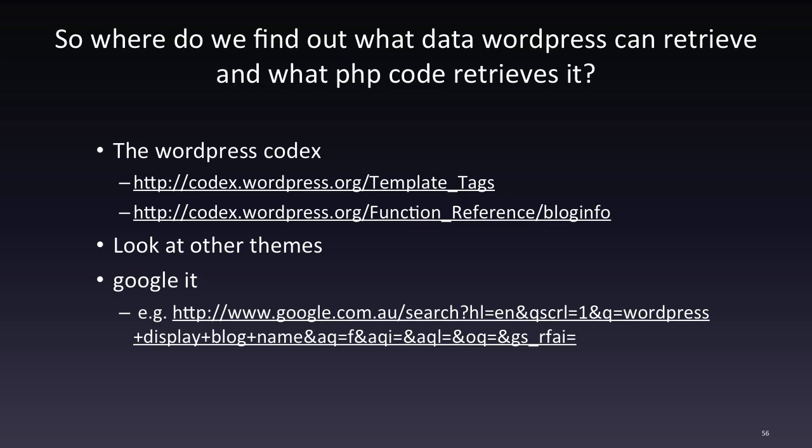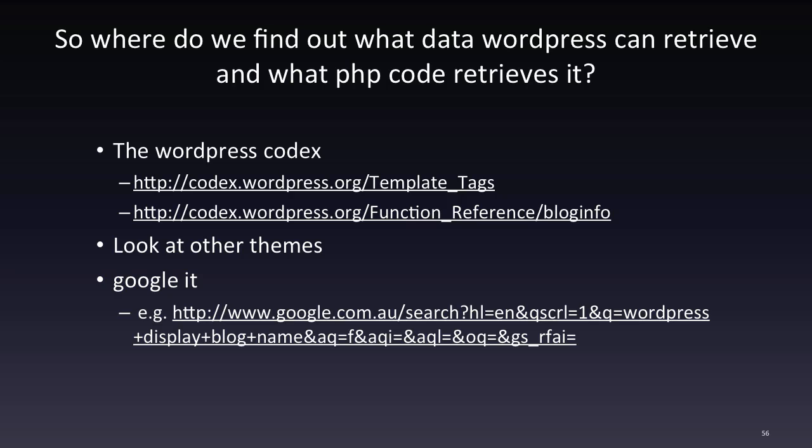So what we really need to know is what these functions are and how to find them, very much like we needed to know what the PHP functions were and how to find them last week. These WordPress functions and template tags are all documented on their website, and I've got two links there. There's one for template tags and one for function references. There's a little bit of crossover between them.